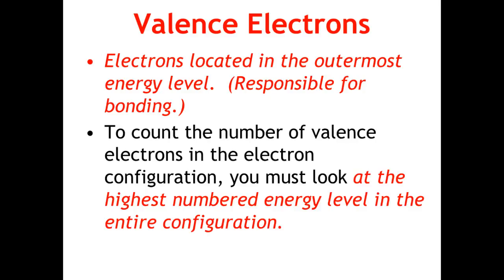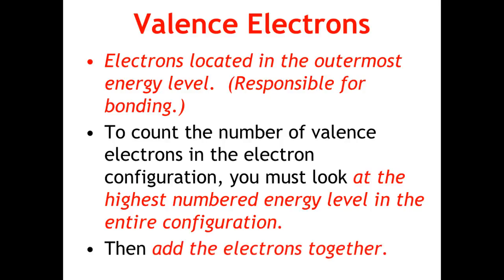So to count the number of valence electrons in the electron configuration, you must look at the highest number energy level in the entire configuration, like I just said before. Then you add those electrons together, only in the highest numbered energy level.